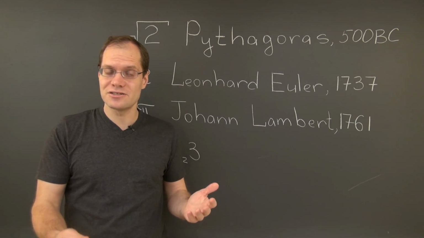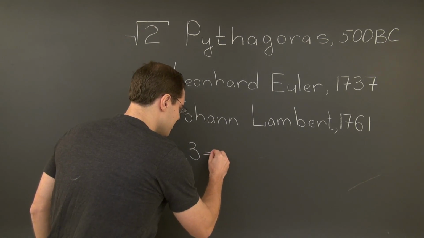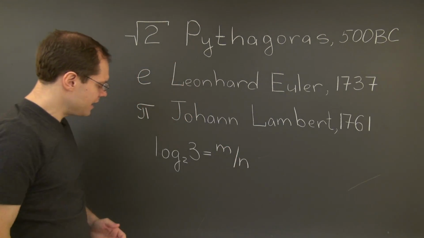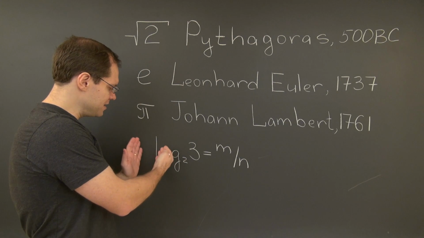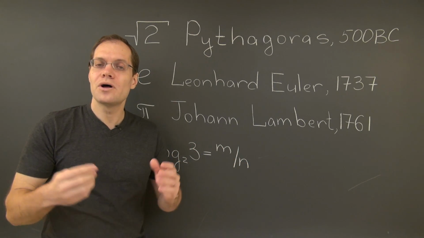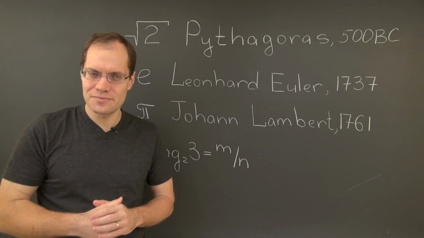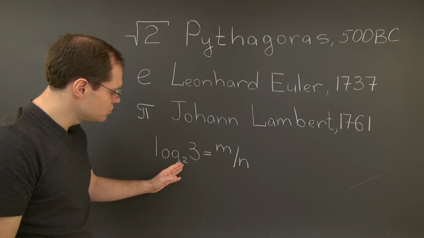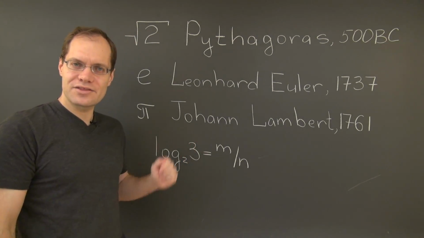Let's assume that it's rational. And so it can be written as a ratio of two integers. And now let's ask ourselves the question, what does it mean that log base 2 of 3 equals m over n? Well, by the very definition of the logarithm, this is a number such that if you raise 2 to that power, you get 3.